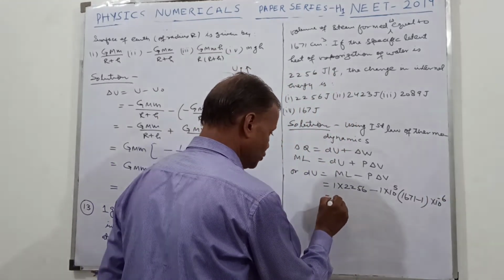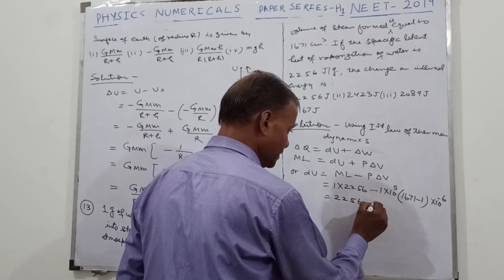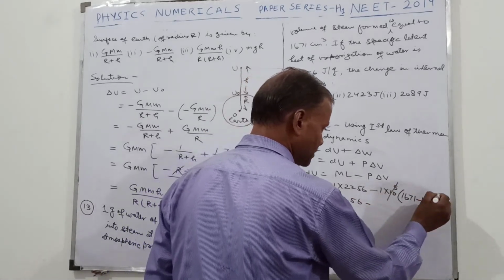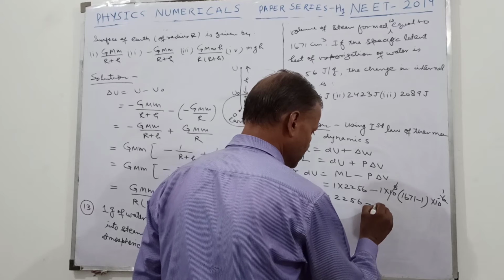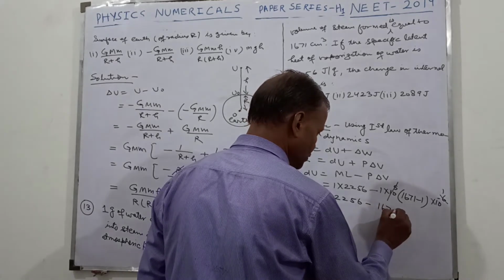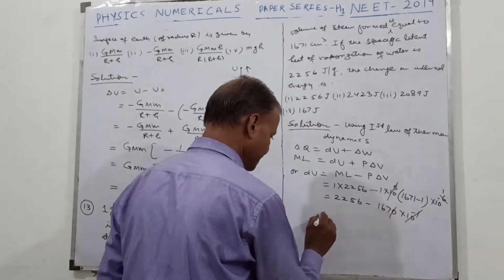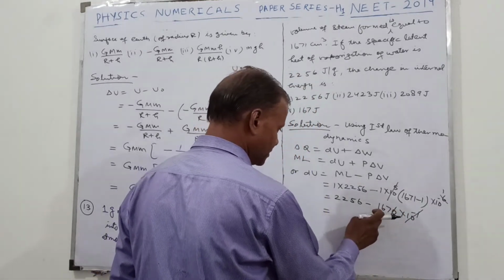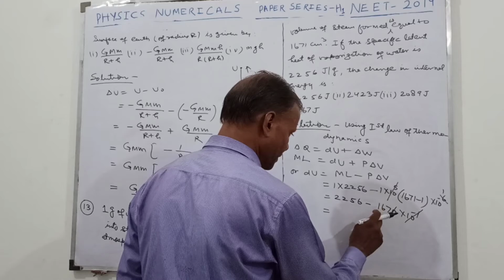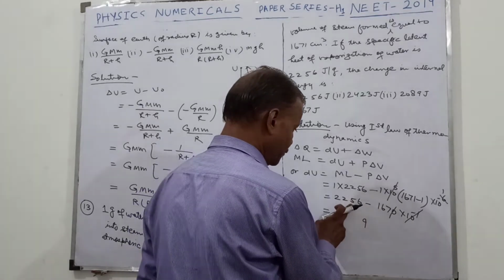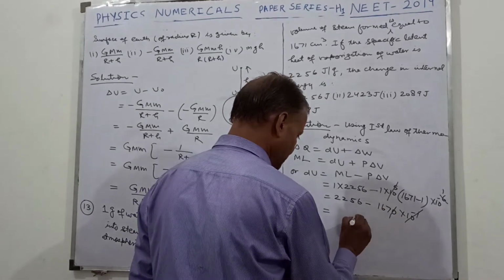So this is 2256 minus, now this will cancel. Here this will be 1670 into 10 to the power minus 1. This will cancel by this one. So you subtract. This is 9, and this is 14. This is 8.